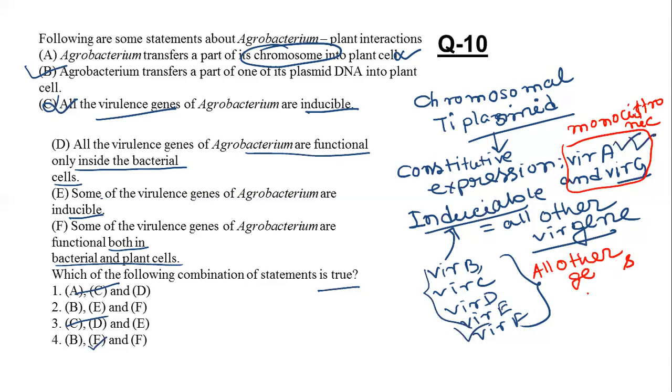Polycistronic mRNA is mostly a property of the prokaryotic genome, right? So F is correct: some of the virulence genes of Agrobacterium function both in bacteria and in plant cells. Yes, some of the genes function both inside the bacteria and in the plant cells.